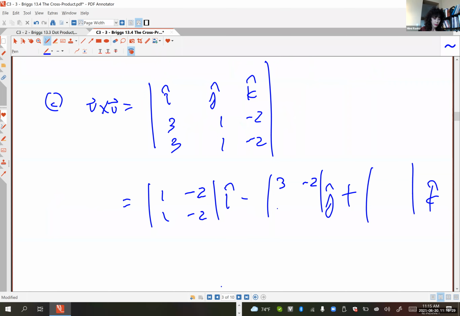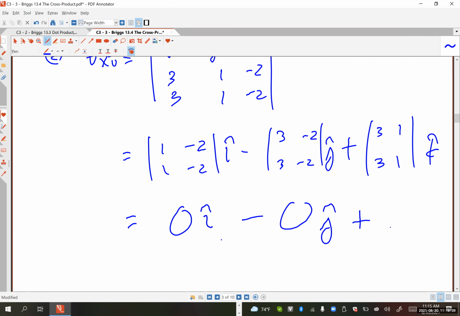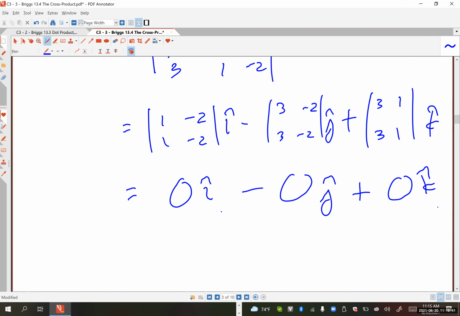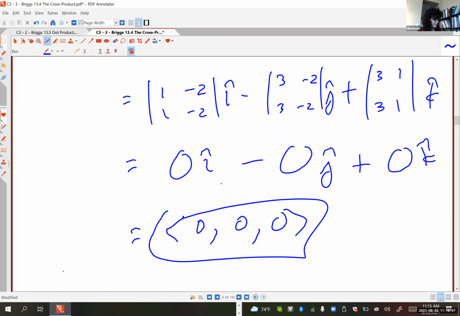Do you see anything weird happening? It's going to cancel out. So you get the 0 vector. Does that always happen? Well, yeah, anytime you take a vector's cross product with itself.